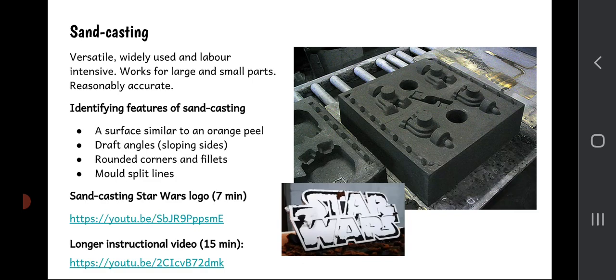And if you look very closely, there'll also be a tiny flaw running all the way around the part, which is the mould split line. That's an indication of where the two halves of the sand cast mould came together and a little bit of molten metal just seeped out. I've also got in this slide a couple of videos about sand casting, so if you get a chance, you should definitely check those out.